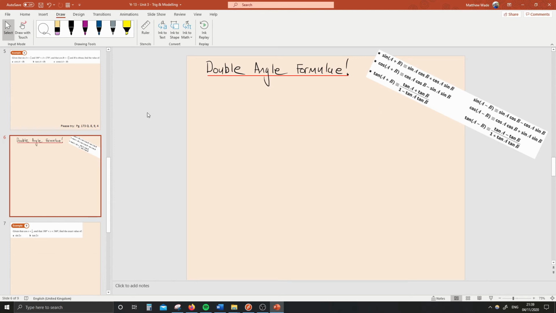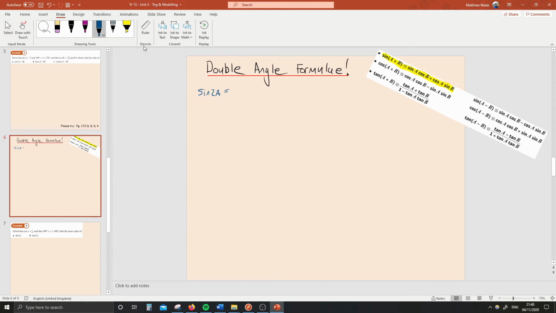What they look like, and I'll do the easiest one with you to start with. They start with sine of 2A. So if I wanted to make sine of 2A, what does B equal in this compound angle formula? That's right, B would have to be A. If I set B equals A in this formula, here's what I'm going to get.